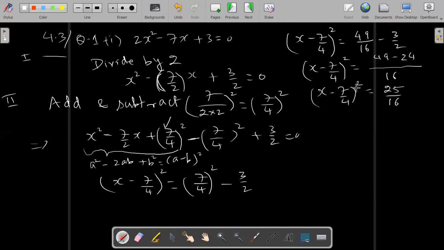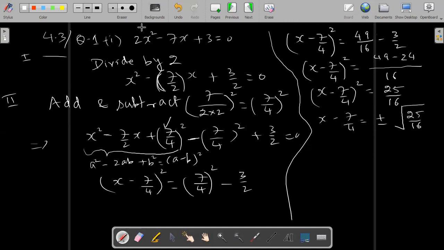Now we will bring the square to the right hand side. Whenever you are bringing the square from the left hand side to the right, it will become a square root. You know that from previous classes. This will become plus minus, and you should take plus minus under root 25 by 16, because there are two answers for a quadratic equation.